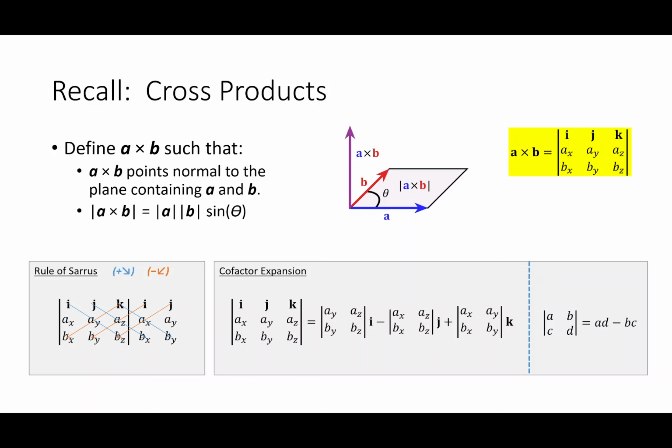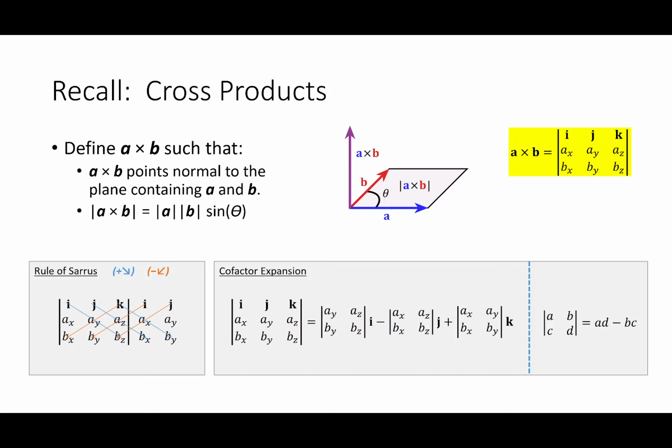The way that we evaluate a cross product is through the use of a determinant. And really what the last homework was about was the two different ways that you can evaluate said determinant. You can do it using the rule of Sarrus, or you can do it using cofactor expansion.